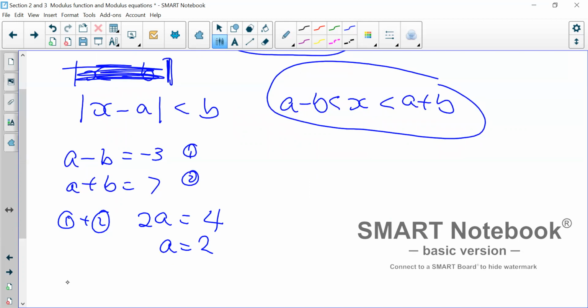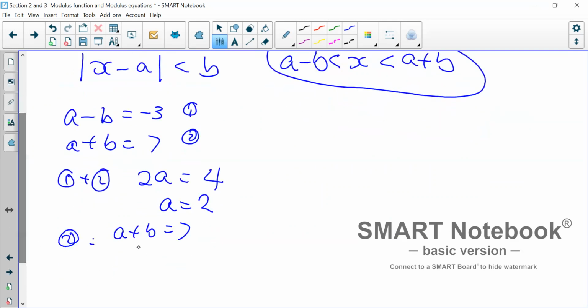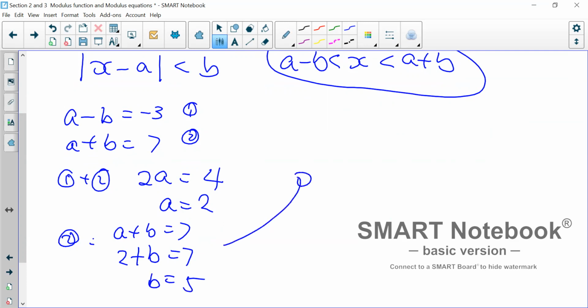So let's say I'm going to put it in equation 2. If a plus b equals 7, a is 2. So now I have 2 plus b equals 7, which means b must be 5. So now I can put it back into the modulus function. So now I have x minus 2, and it has to be less than or equal to 5. And that's our final answer.